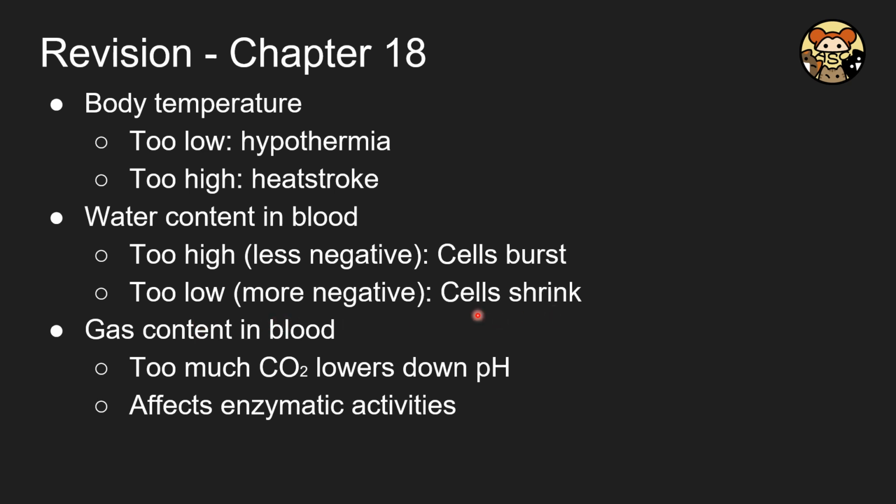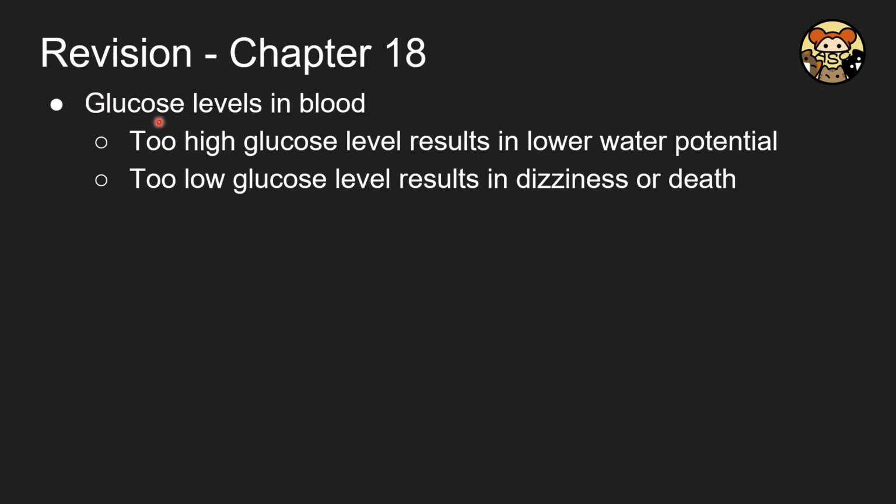For gas content in blood, if you have too much carbon dioxide, it will lower the pH, so blood becomes acidic and it will affect the enzymatic activities. So in the worst case, you may die also. For glucose level in blood, if the glucose level is too high, it lowers your water potential to a more negative condition, similar to what happens previously, and then you may die.